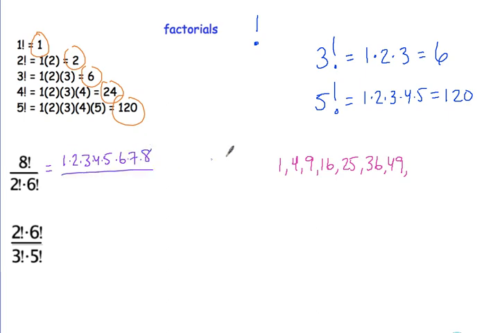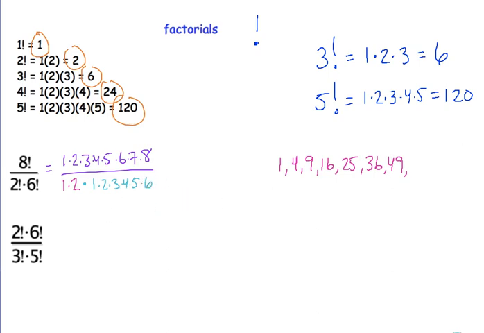So that's on the top of my fraction. In a different color, I'm going to write out 2 factorial, which would just be 1 times 2. And then in a third color, I'm going to write out 6 factorial. And these are being multiplied, so I can put a multiplication symbol. 6 factorial would be 1, 2, 3, 4, 5, 6, all multiplied together.